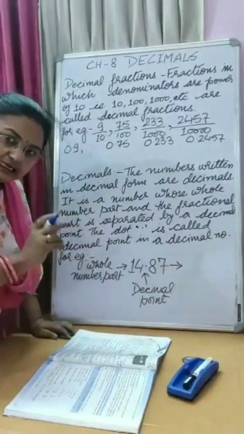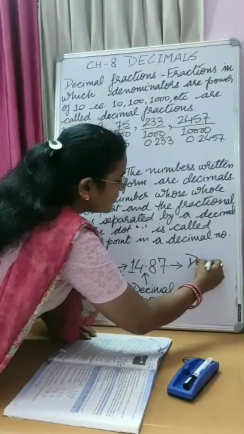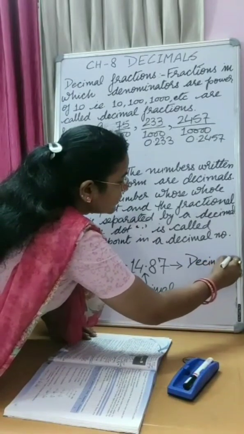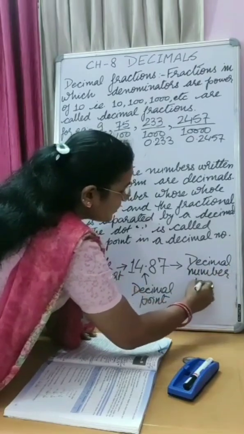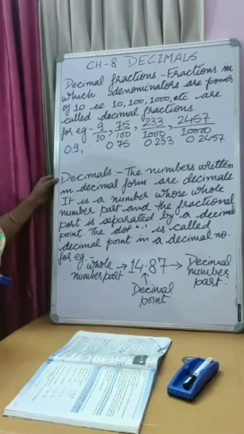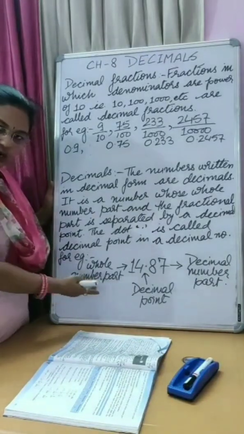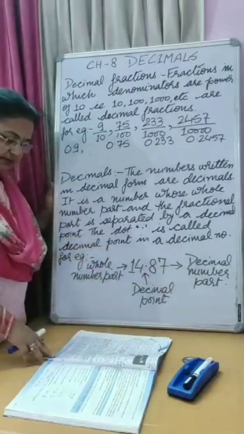This is the decimal number part. So a decimal number consists of three parts: a whole number part, a decimal point, and a decimal number part.